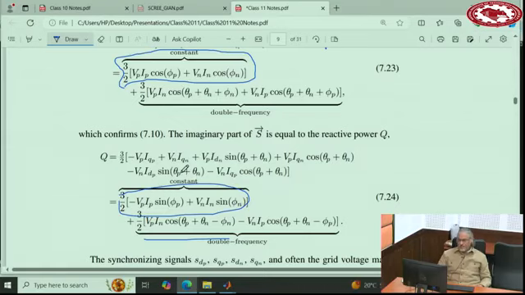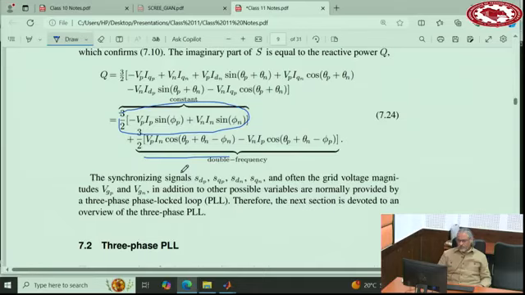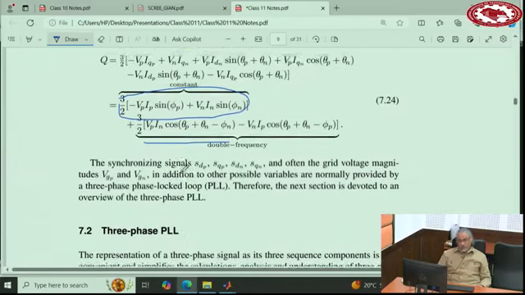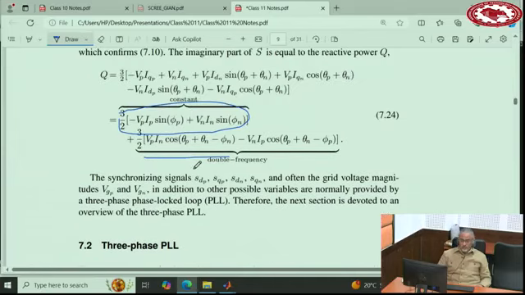So we constantly need them. And also the angles, even more important than the magnitudes will be the angles, theta P, theta N. These angles, we need to work with them in control. So we need to have a mechanism like single phase to estimate these angles and these magnitudes for us.